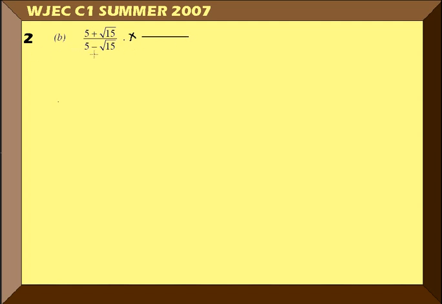And the conjugate is very simply the same surd that is on the denominator, but with the sign changed in between the 2 parts. So we have 5 plus root 15 on numerator and denominator.